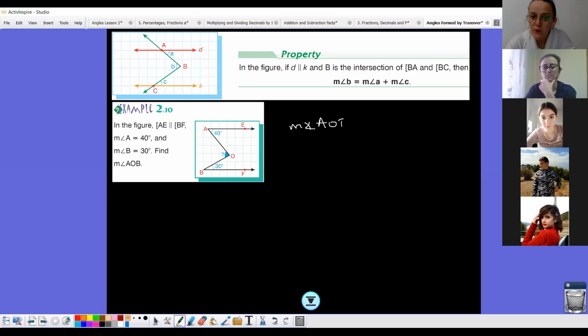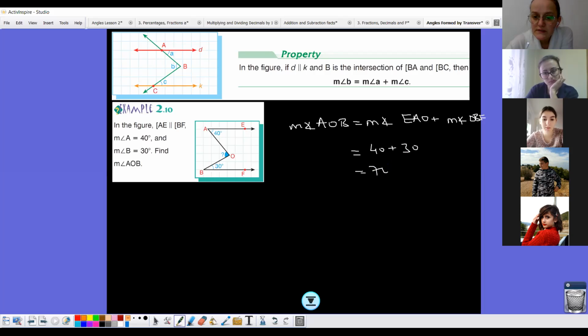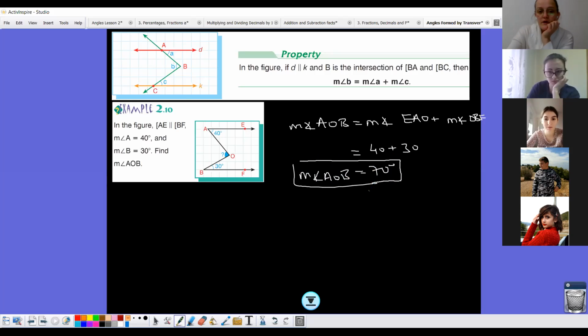Measure of angle AOB is equal to measure of angle EAO plus measure of angle OBF. So it will be 40 plus 30, which is 70 degrees. Is it okay? Did we understand? Yes, it's crystal clear, teacher.